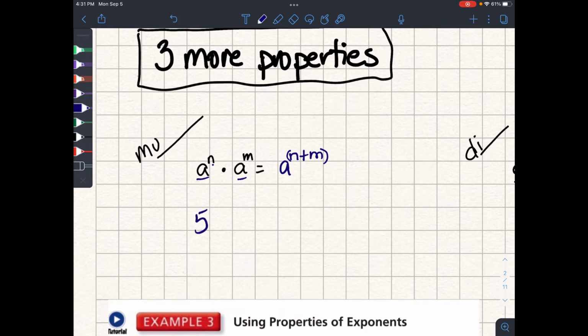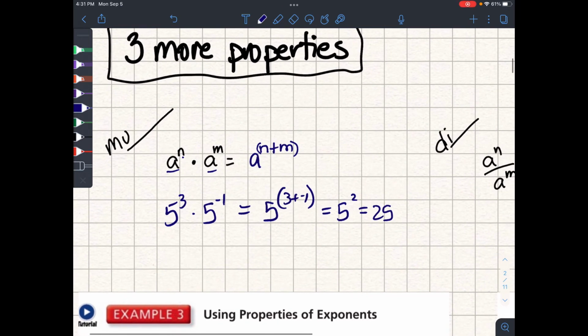So for example, 5 to the 3rd times 5 to the -1 is going to be 5 to the 3 plus -1. So that's 5 squared, so that's 25.